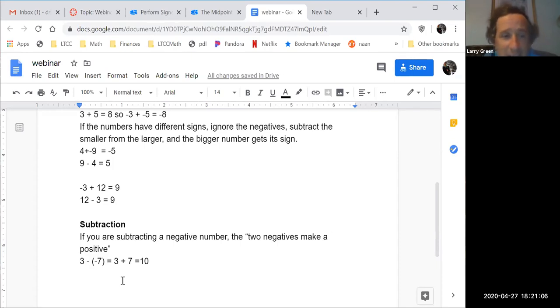Okay. All right, so now that's not the only possible thing. We're subtracting and there could be negatives. What if we're doing a negative minus a positive?